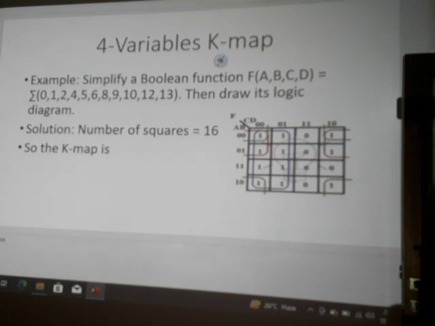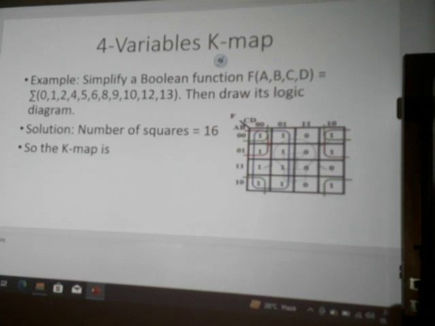Similarly, M2 minterm is given and we will write 1 in the corresponding square. In this way, for each minterm given in the Boolean function, we will write 1 in the corresponding square.